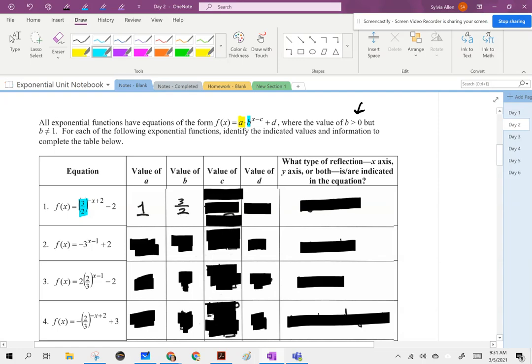Now, this is where I need you to pay attention because we need to find out what the value is to get x by itself. We need to figure out what the transformation is. So if I set this equal to 0, if I go x minus c equals 0, then I'm looking at the x value as being c.